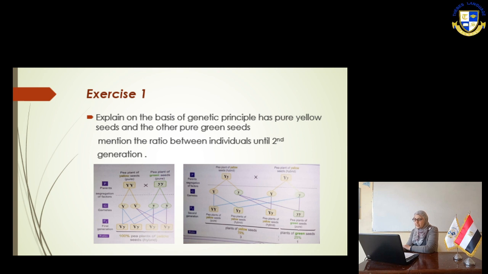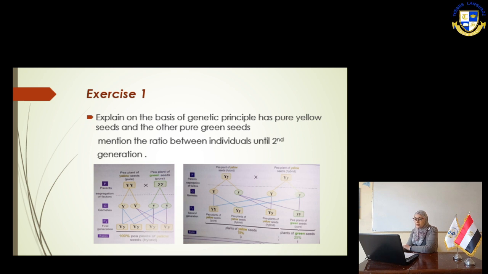We can see in the second generation, F2, capital Y capital Y, the pea plant of yellow seeds pure, and capital Y small y, the pea plant yellow seeds hybrid, and one pea plant which is green seeds and it is pure. So here the ratio is 3:1. 3:1 means 75% to 25%: 75% plant of yellow seeds and 25% plant of the green seeds.